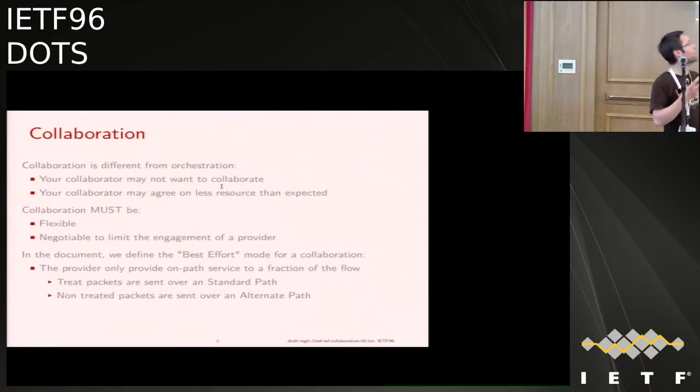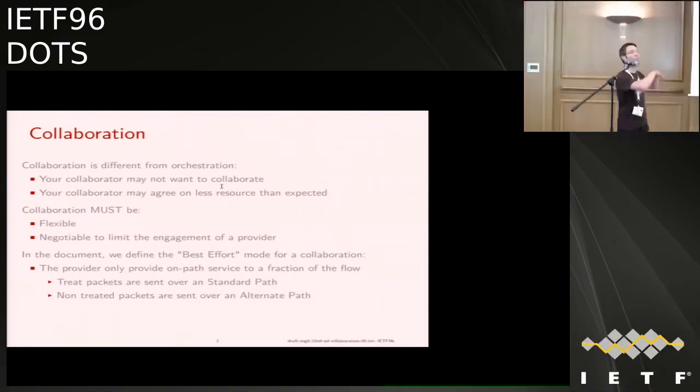So a collaboration must be flexible, and well, you need an agreement somehow. In this example, the cloud might ask the ISP to address some traffic, but maybe this ISP is not able to handle the whole traffic or the whole treatment.